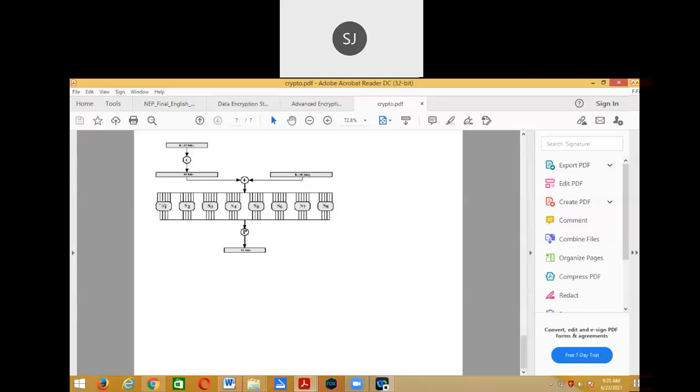But each element in this S box has a value always less than or equal to 15. Please remember that.